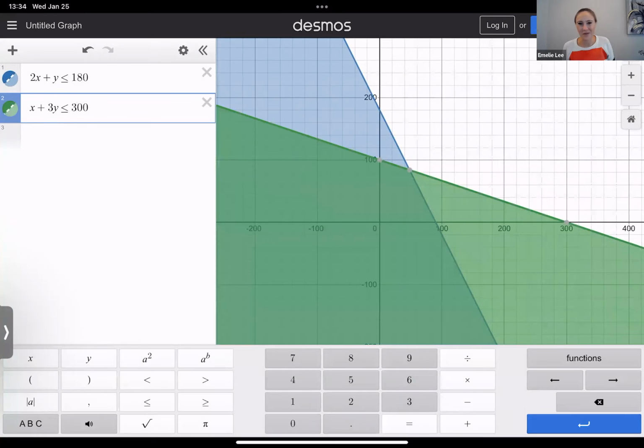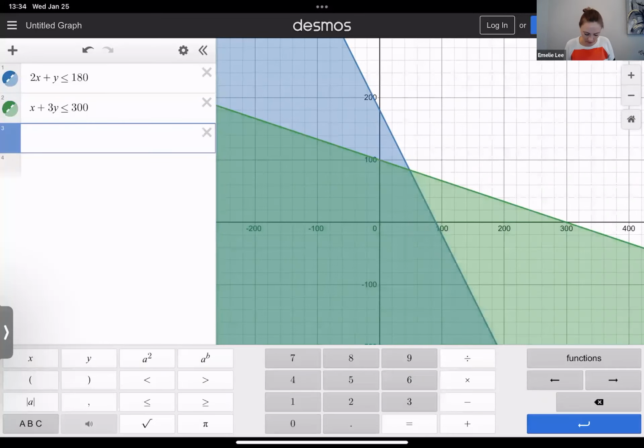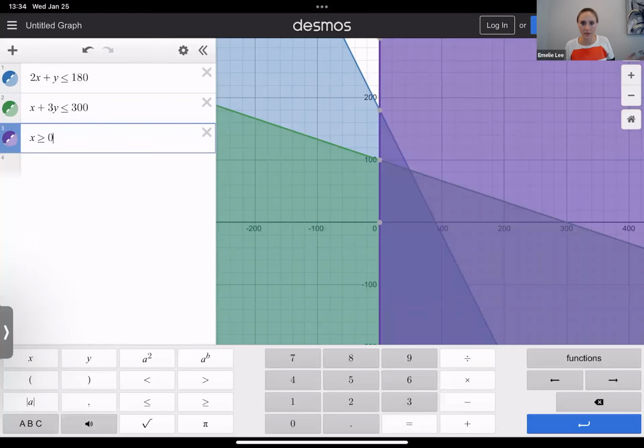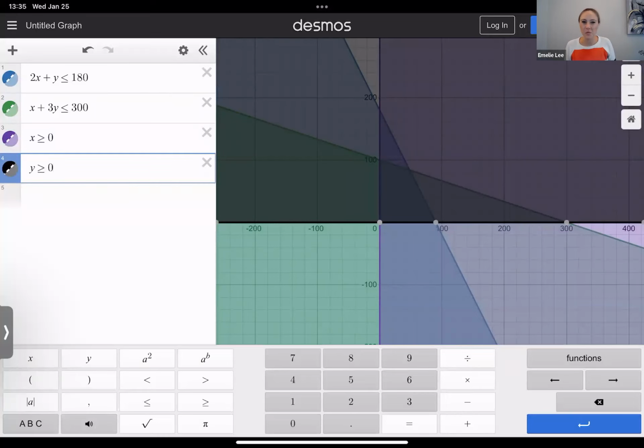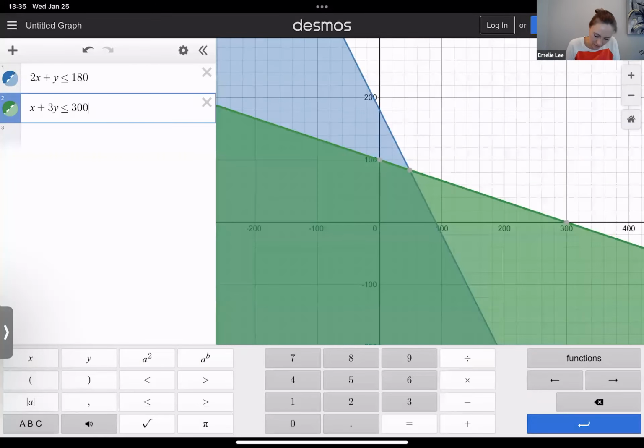If you want to, you could add in x greater than or equal to 0 and y greater than or equal to 0, but that just makes a mess. For us, we're always focused in that top right-hand quadrant, the first quadrant. So I'm going to remove these and just remember that they are also restrictions.